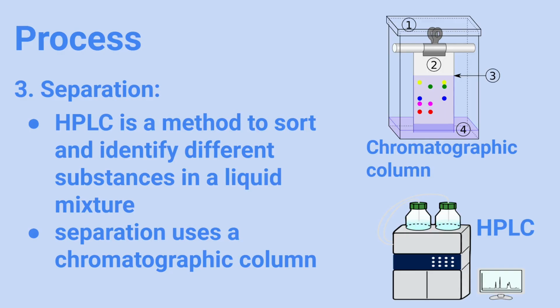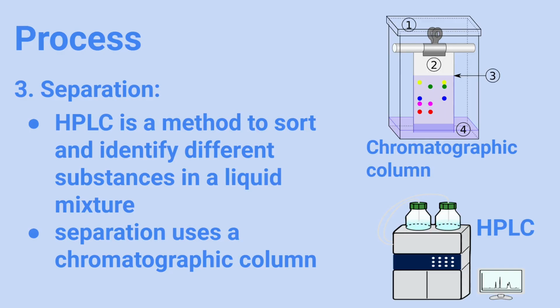The separation is typically achieved using a chromatographic column with specific properties that allow amino acids to be eluted at different times. I know all these terms may be confusing, so let's take the time to understand what a chromatographic column is and how it works.